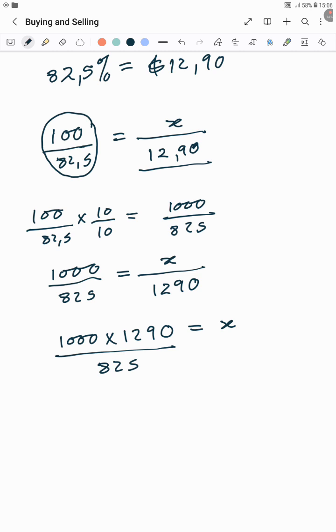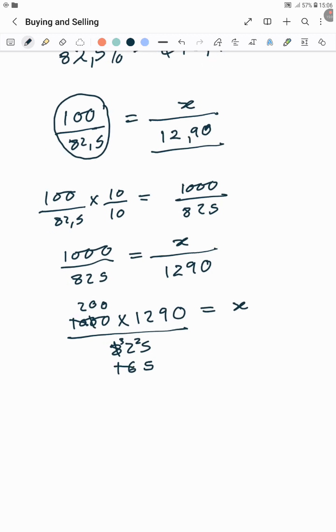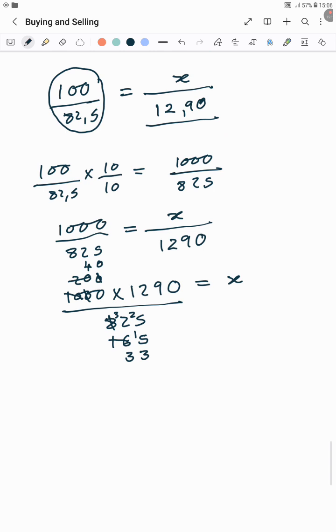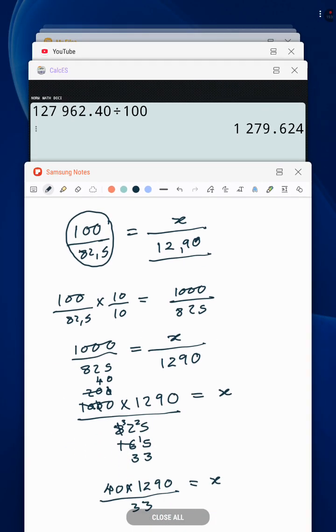We can use a calculator, or we can say 5 into this, that's 1, remainder 3. 5 into 32, that's 6, remainder 2. 5 into 25, that's 5, and 5 into 200, that's 40. So now we have 40 times 1290 over 33.